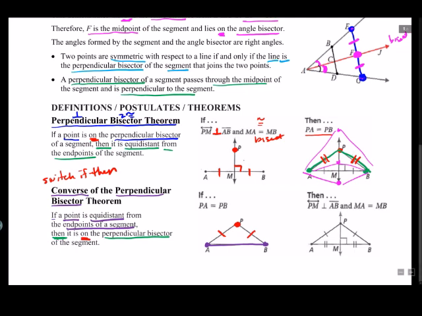If that is true, then our result is that our point is on the perpendicular bisector. So here is our point P, and we know that it is on this line that is both perpendicular to this segment and bisects the segment.